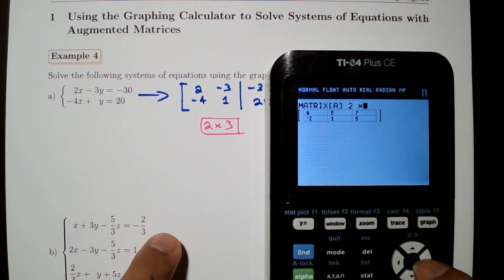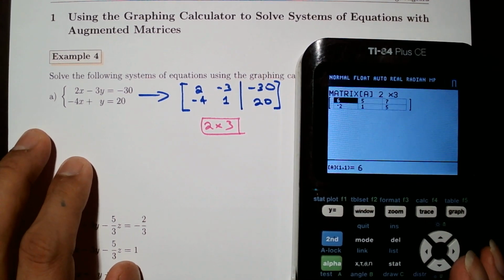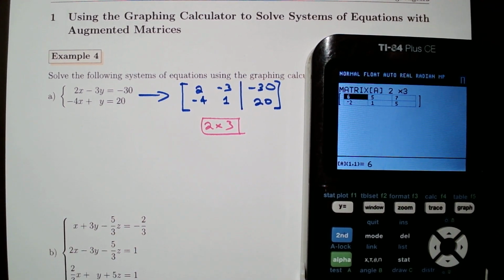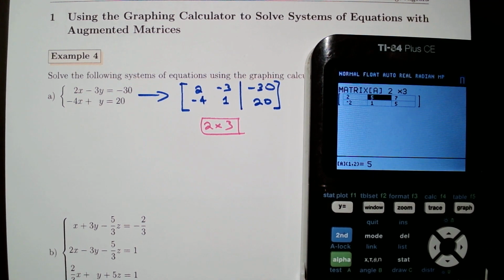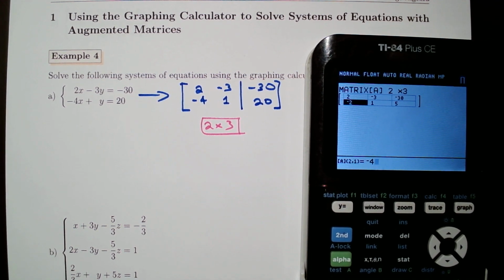So it's a 2 by 3. I'm going to put these numbers: 2, enter, -3, enter, -30, enter, -4, 1, and 20. Okay, so I'm done editing the matrix.